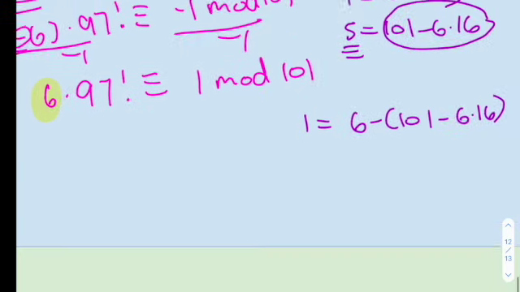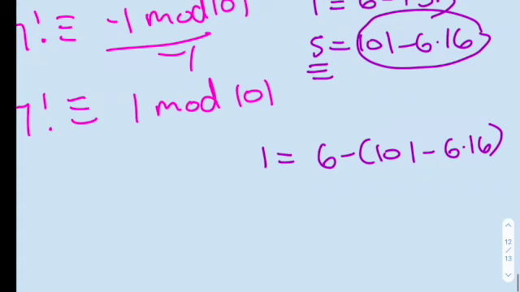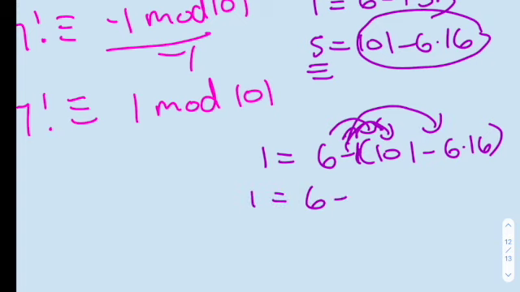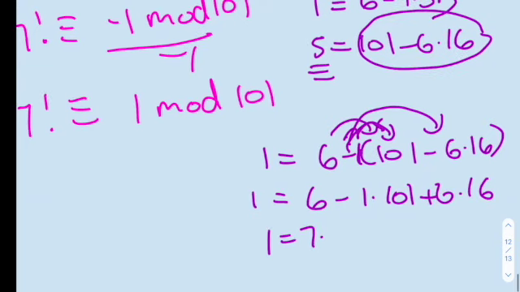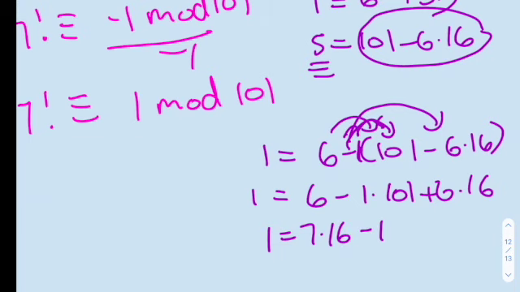And then if we distribute the negatives, the -1 in the front, we have 1 equals 6, subtract 1 times 101 plus 6 times 16. And then we have 7 times 16, subtract 1 times 101.